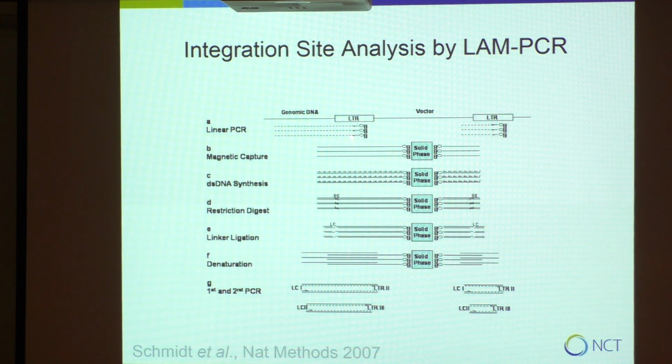We showed the principle. The vector is integrated in an unknown region of the genome, and the aim is to identify this vector-genome fusion sequence. The idea of the LAM-PCR was like old primer extension preamplification protocols for whole genome, simply to enrich for these fusion sequences.